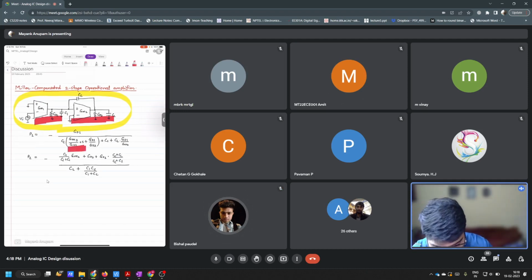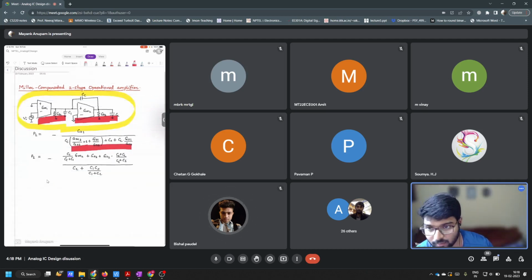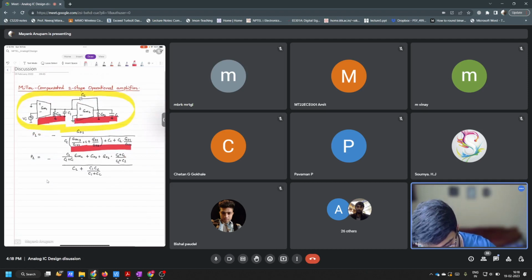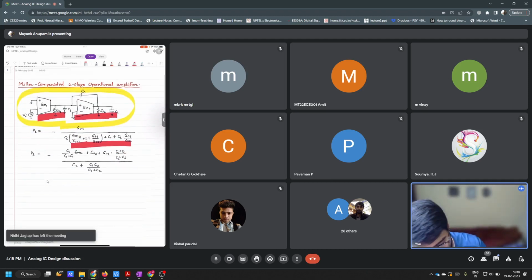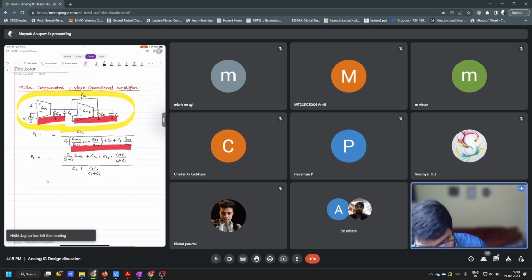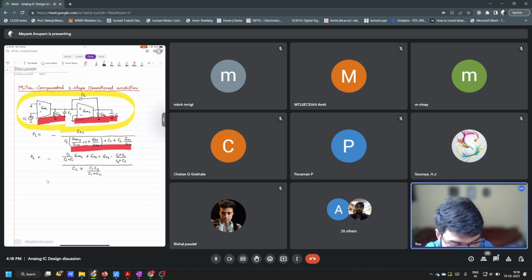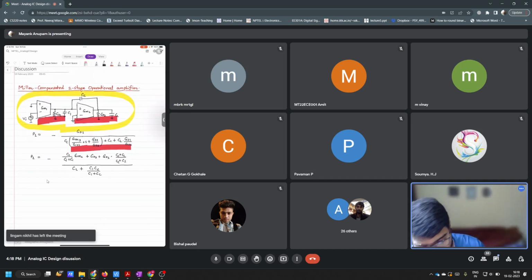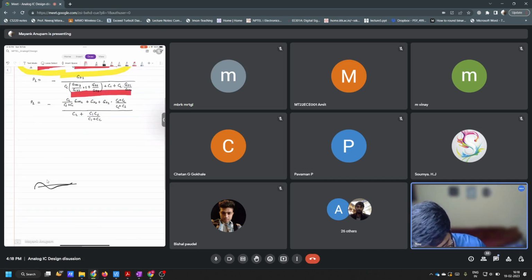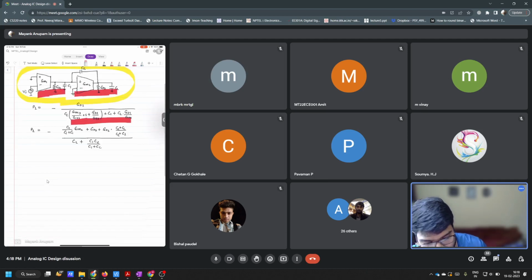This was the pole expression for pole 1. So what is Miller compensation? It was explained in the lecture, so anyone can volunteer. What is the Miller effect basically? Anyone?